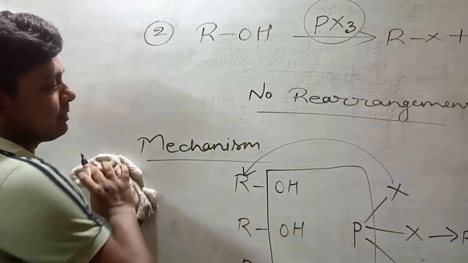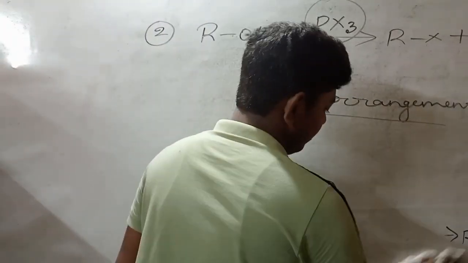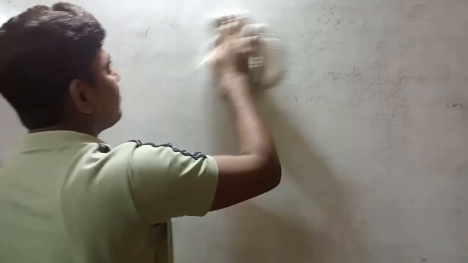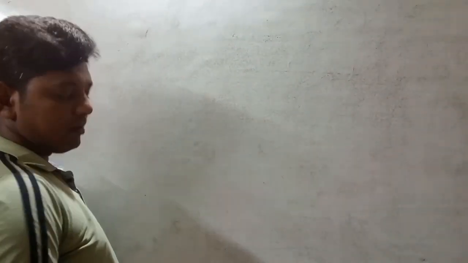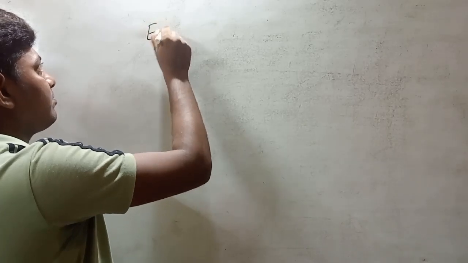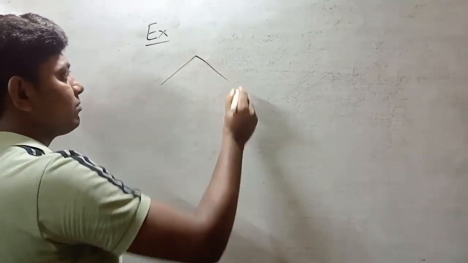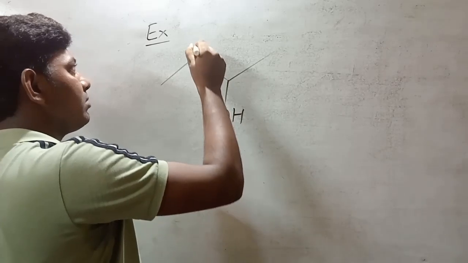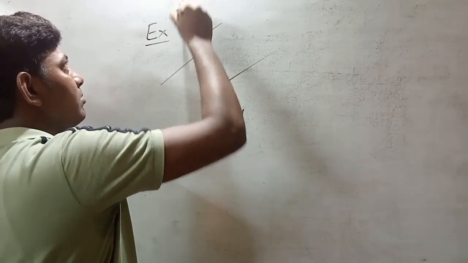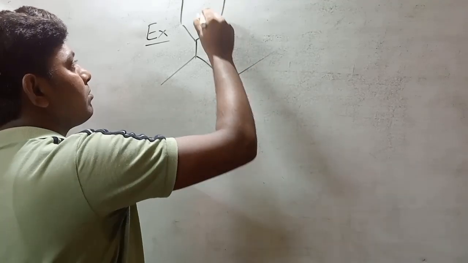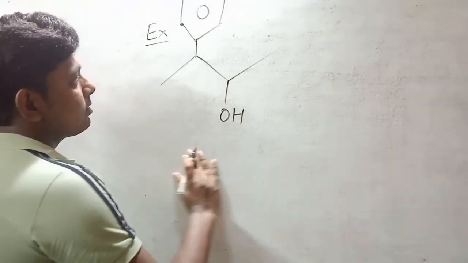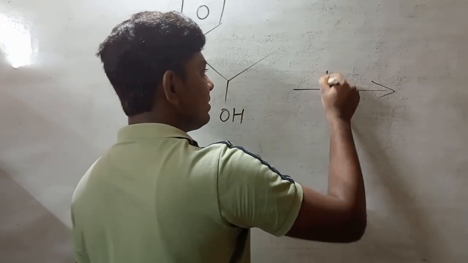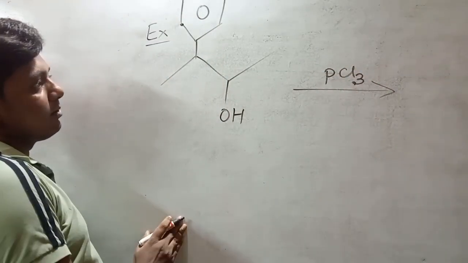So let's see one example. Here, this compound X reacts with PCl3.